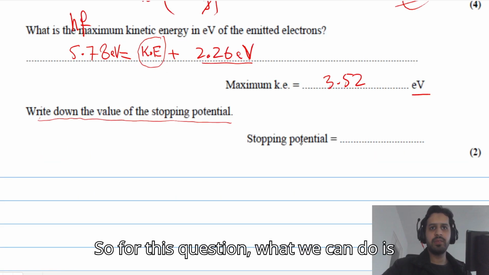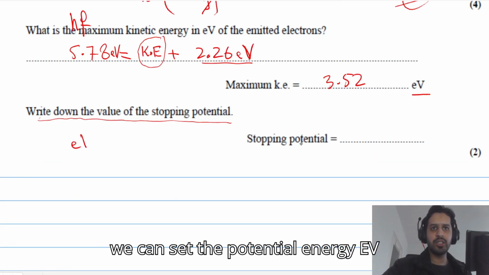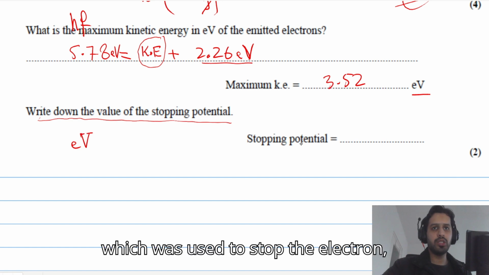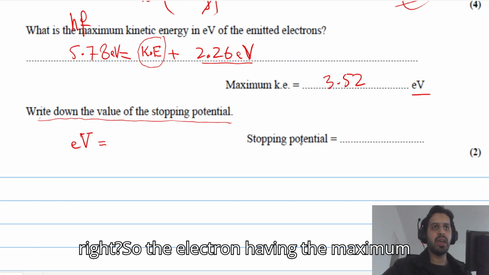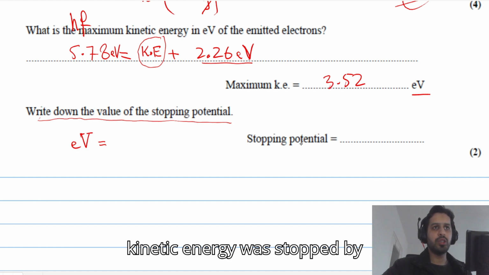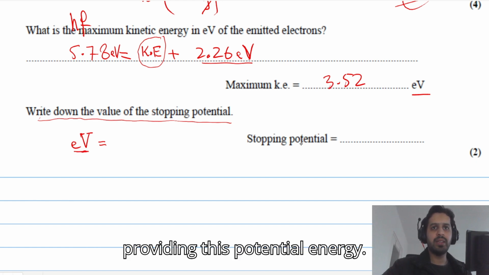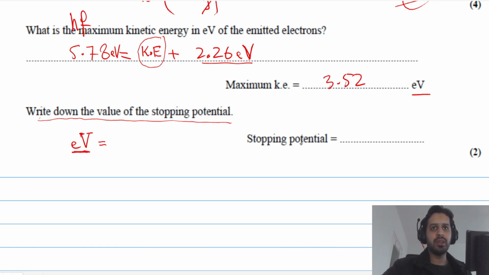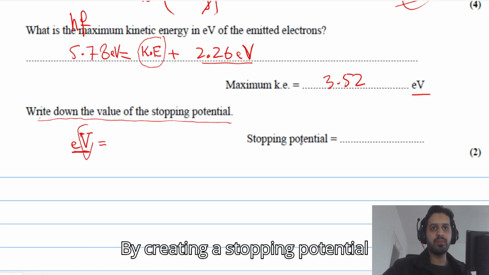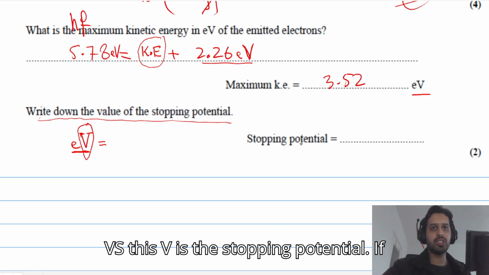So for this question, what we can do is set the potential energy eV, which was used to stop the electron, right? So the electron having the maximum kinetic energy was stopped by providing this potential energy by creating a stopping potential V. So this V is the stopping potential.